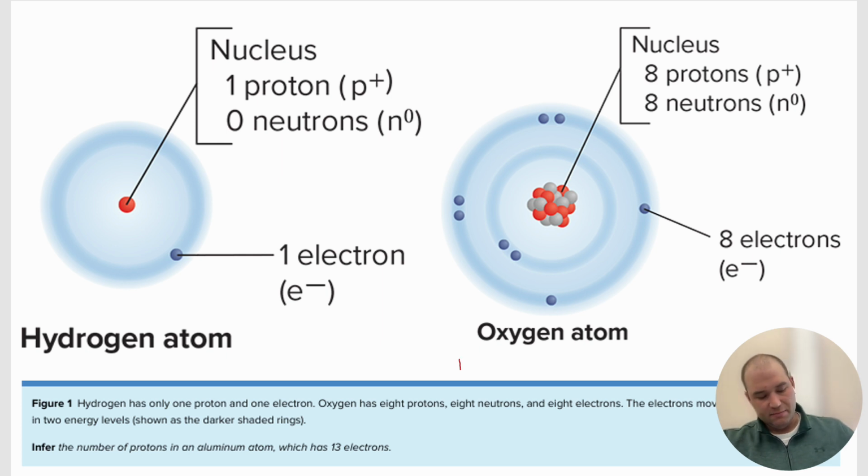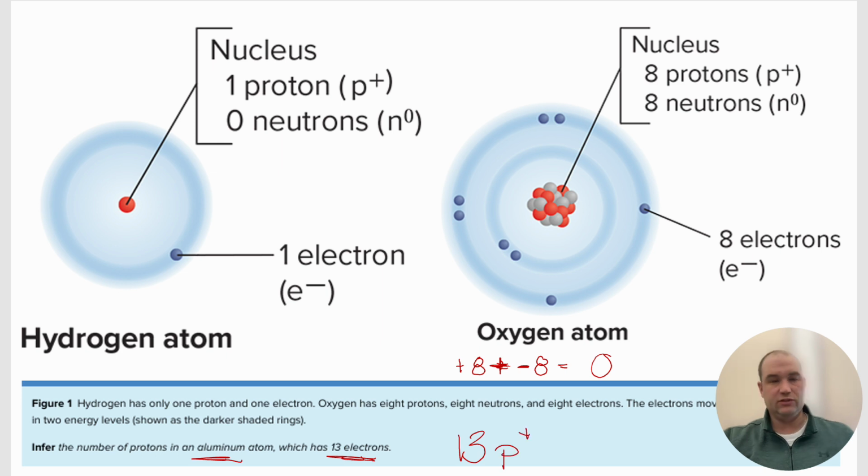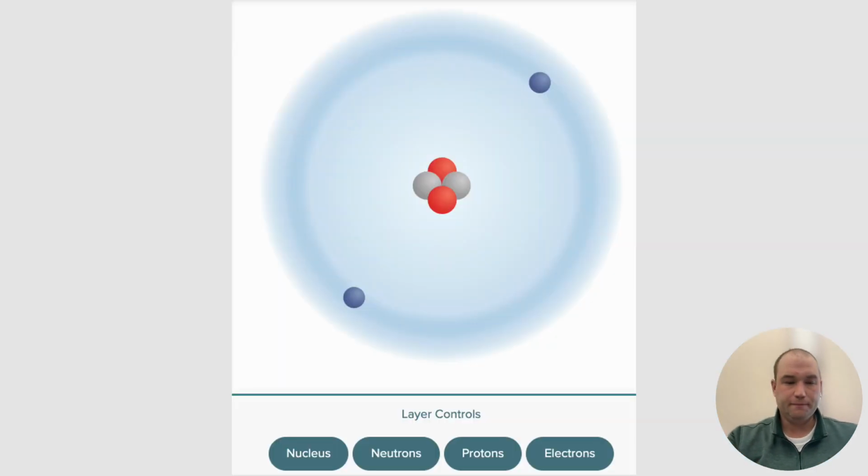Notice that the positive 8 protons is balanced out by the negative 8 electrons in order to make a total charge of 0. So the same thing occurs, for example, if you have an atom of aluminum. Now, aluminum has 13 electrons. So therefore, it is going to need 13 protons in order to become neutral.